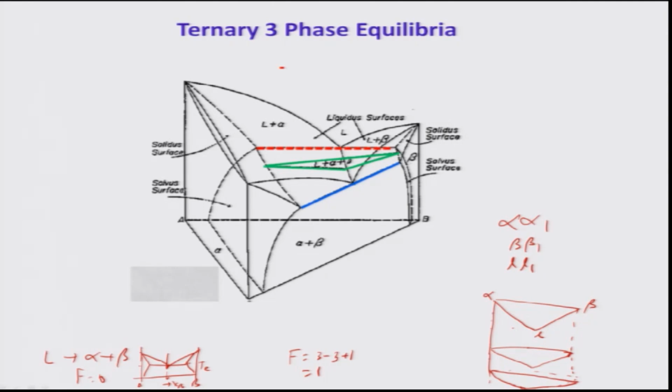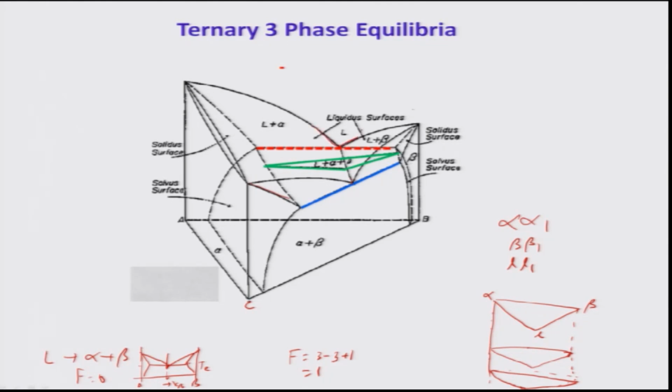Now let me explain from the space model. As you see here, the space model has everything here, A, B, C, and you have 2 binaries, BC and AC, that have eutectic reactions. There is a binary eutectic there. You can clearly see, this is a eutectic point, there is another eutectic point here.